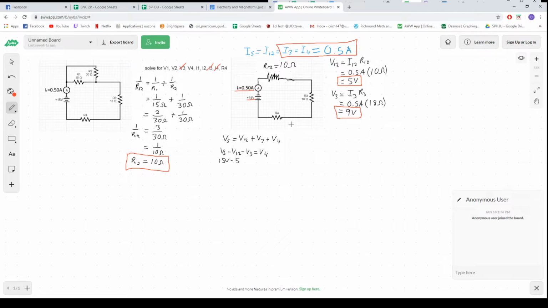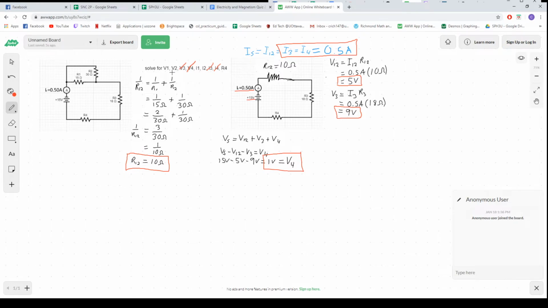Minus V3 is 9 volts. 15 minus 5 is 10, minus 9 gives us 1 volt. So this is equal to V4. And again, let's put a nice little red box around that so we can find it later. 1 volt is equal to V4. So V4 has now been found. We can cross that off of our list of things to be found.